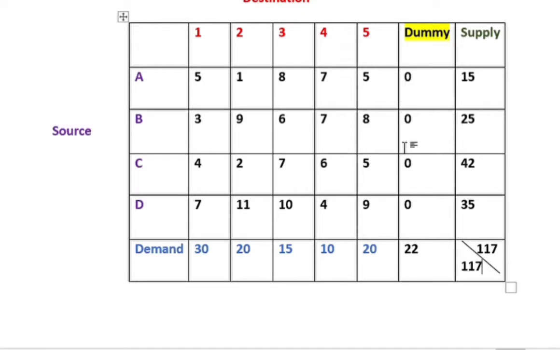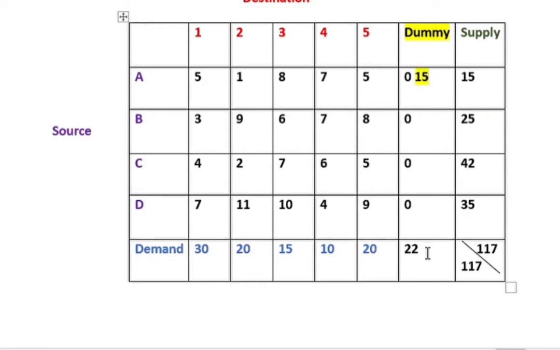We can see there are 4 zeros, so we can choose any zero to solve further, and we have to check the respective demand in the column and the respective supply in the row. In this respective column there is a 22 demand and 15 supply, so we can fulfill only 15 demand from the 22.